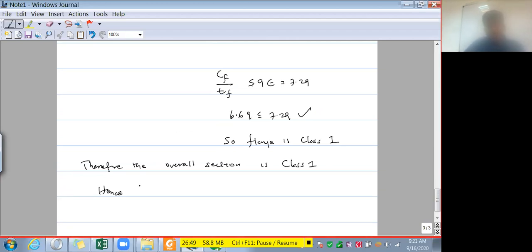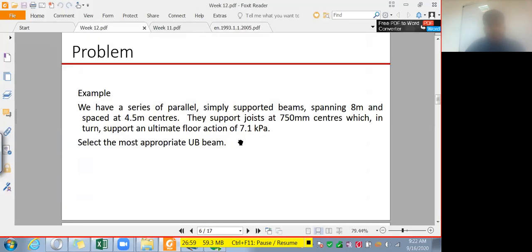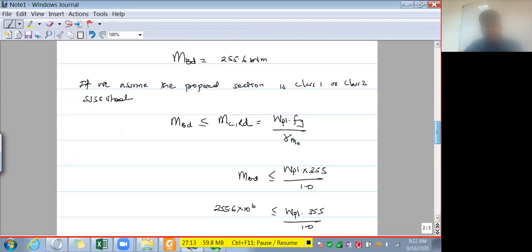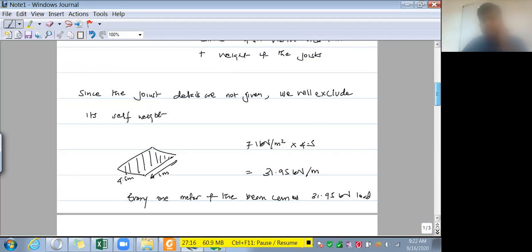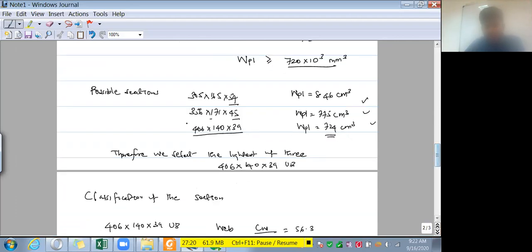Hence, the section we have proposed for this beam is 406, 140, 39.